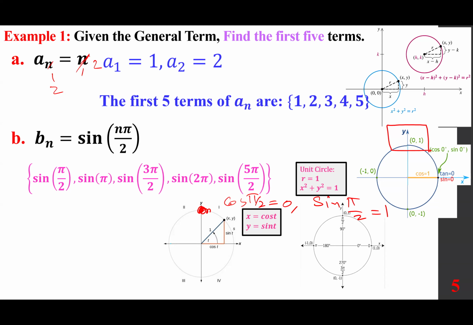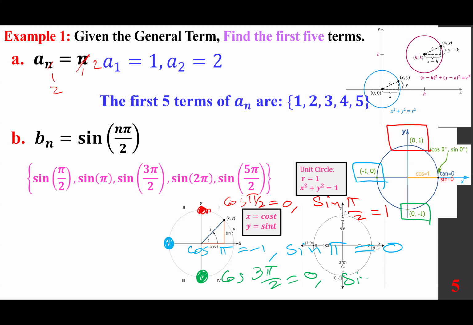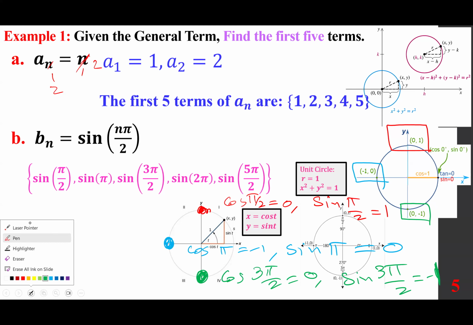This point: cosine of pi is negative 1, sine of pi is 0. This point: cosine of 3 pi over 2 is 0, sine of 3 pi over 2 is -1.